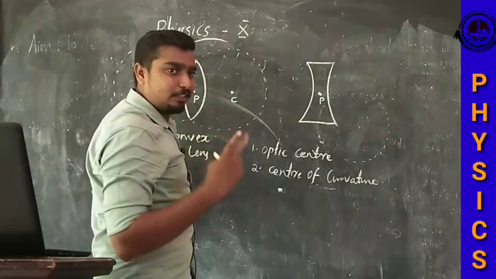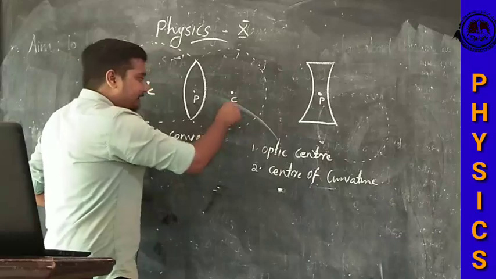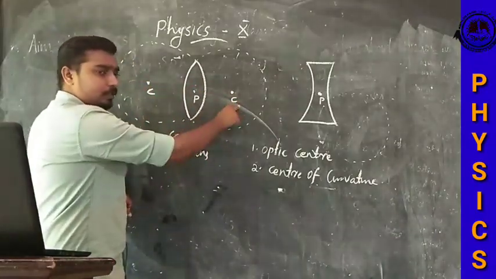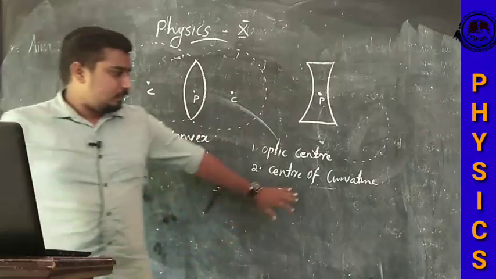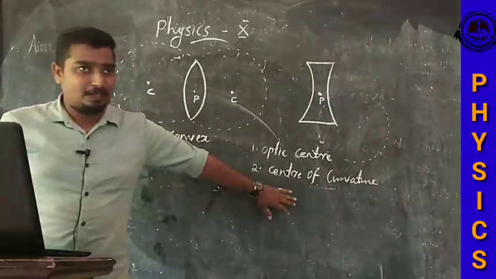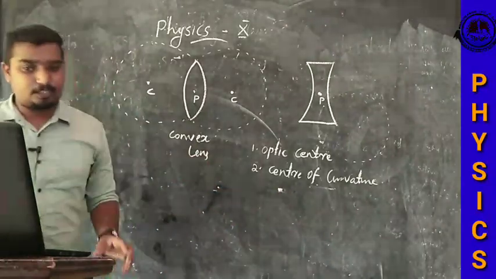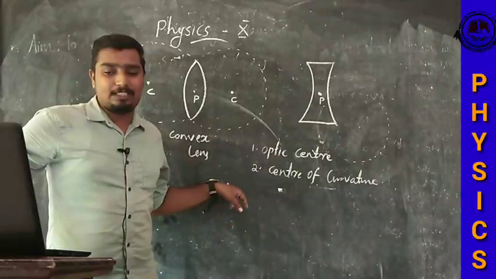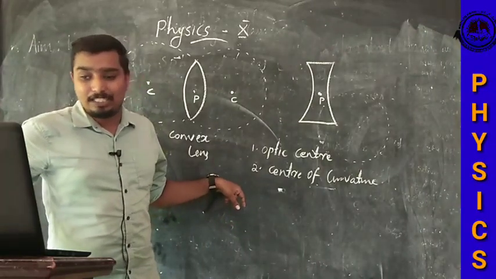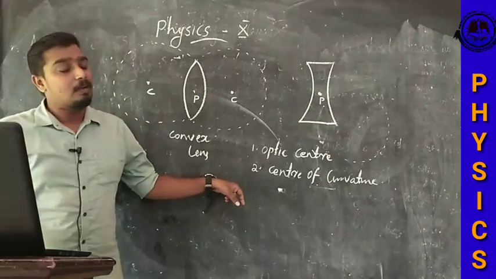That is, a lens has two centers of curvature, and it is represented as C. The center of curvature C is the center of the imaginary sphere of which the sides of the lens are parts.